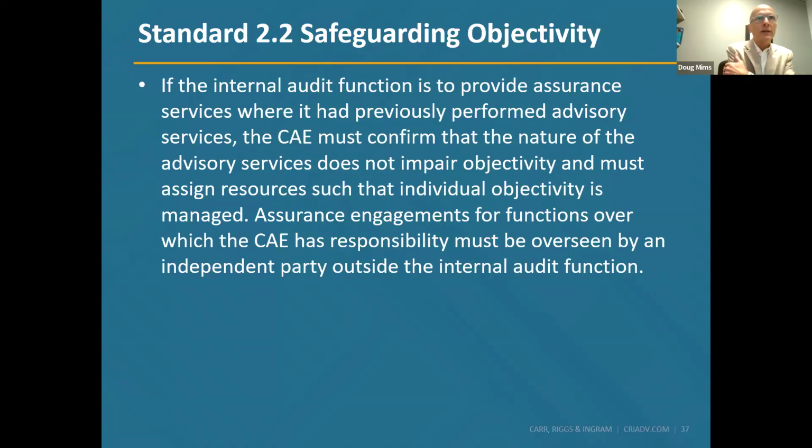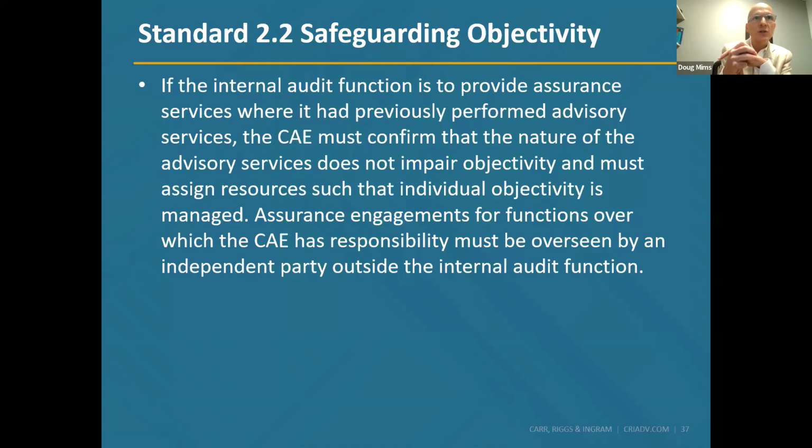2.2, still sticking with safeguarding objectivity. If the internal audit function is to provide assurance services where it has previously performed advisory services, so we're going to do an assurance engagement, and we had recently or previously done a consulting engagement, also known as advisory, the CAE must confirm that the nature of the advisory services does not impair objectivity, and must assign resources such that individual objectivity is managed.